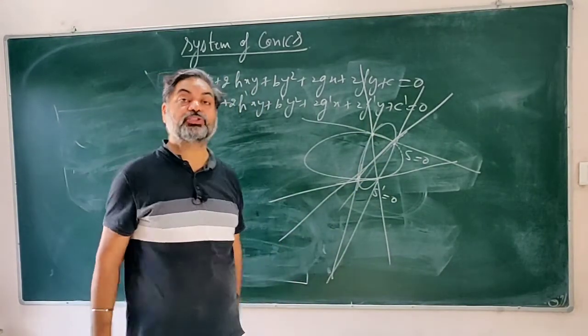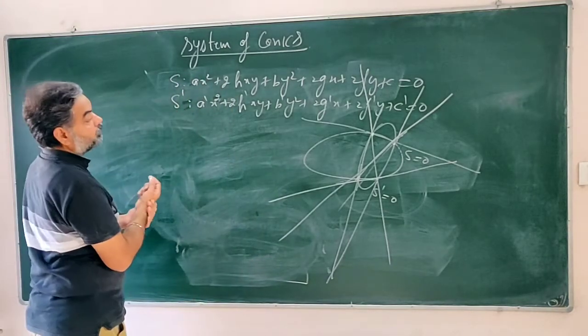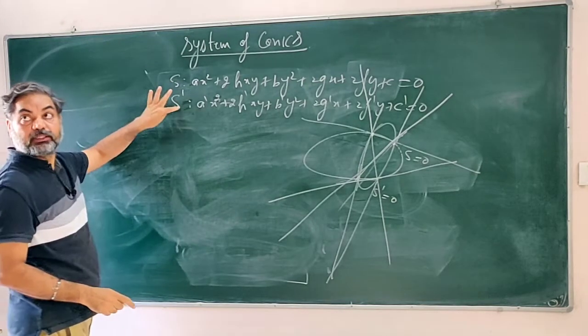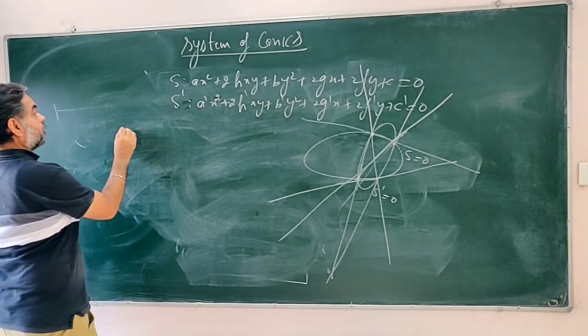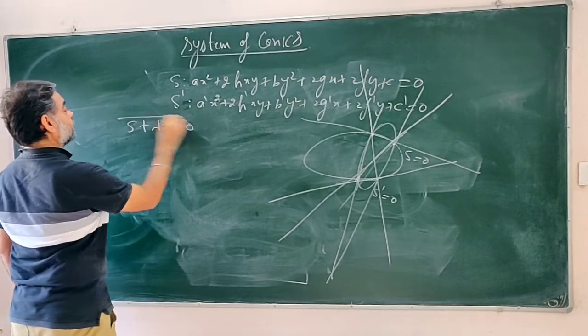How to find the equations of these pairs of straight lines? So what we do is, any conic which passes through the points of intersection of this conic and this conic is given by S plus lambda S dash equal to 0.